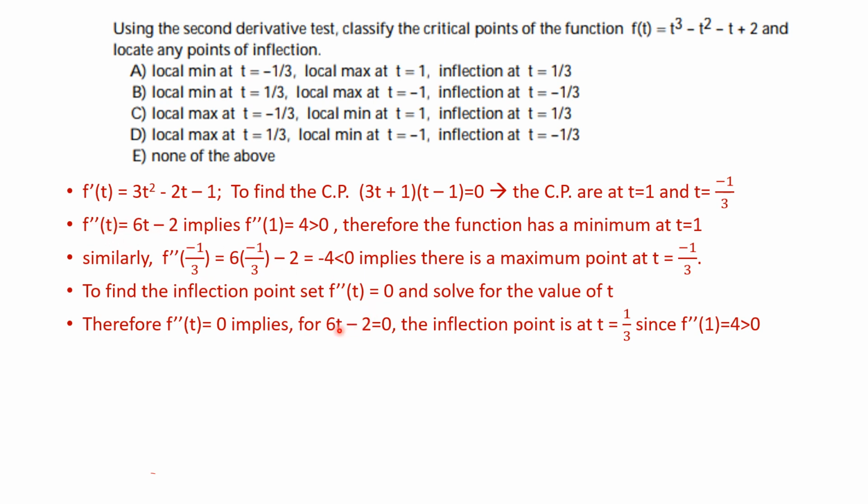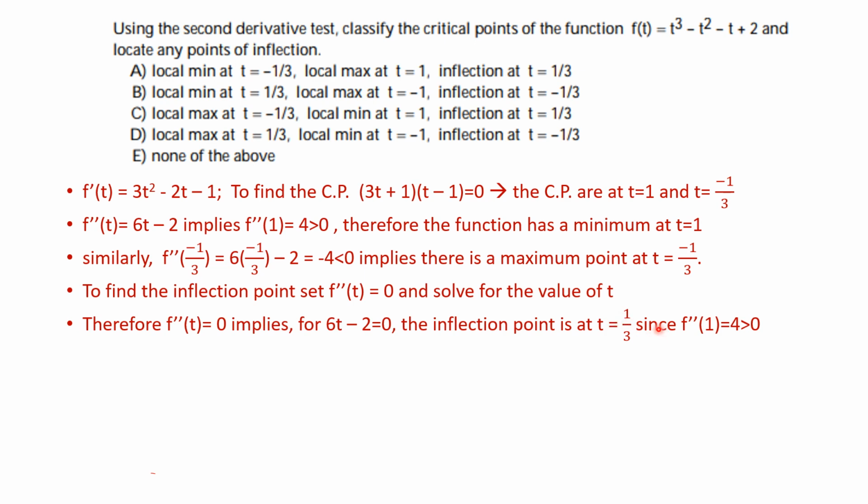We have to equate 6t minus 2 to 0, and if we solve, we will figure out that t equals 1 over 3 is a possible inflection point. But then we have to check to its left and to its right and see if the concavity changes. If it does, then this point is an inflection point.